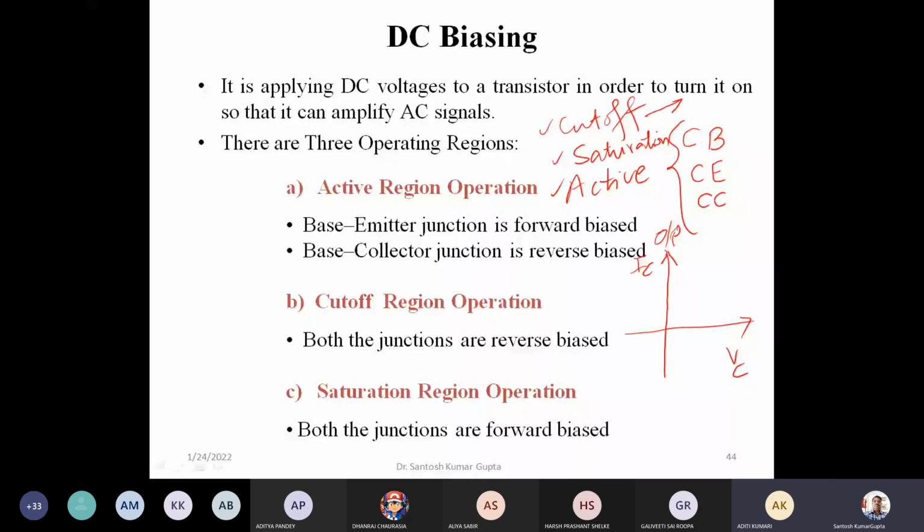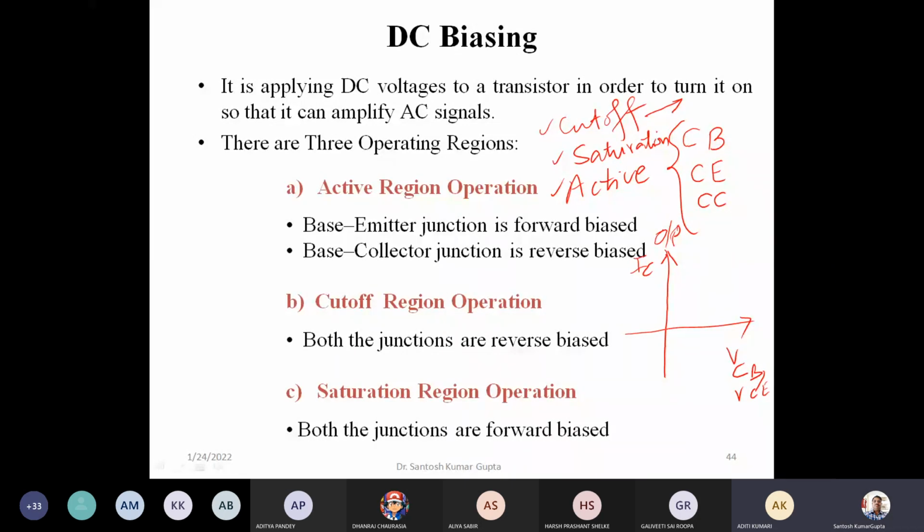So depending on the configuration, we may have VCB here or VCE here. So it could be VCE or it could be VCB.